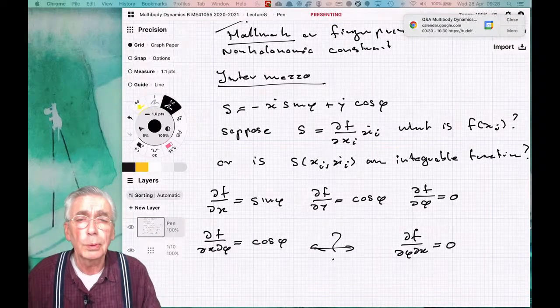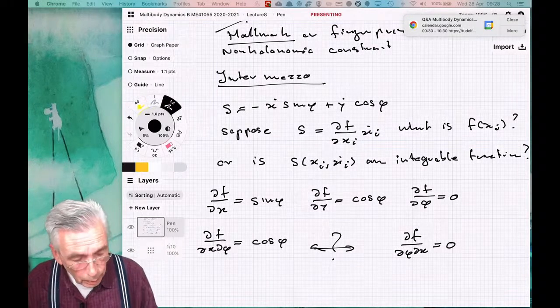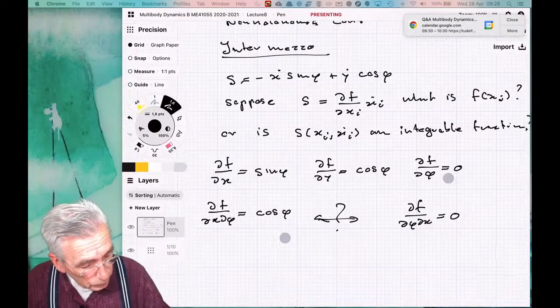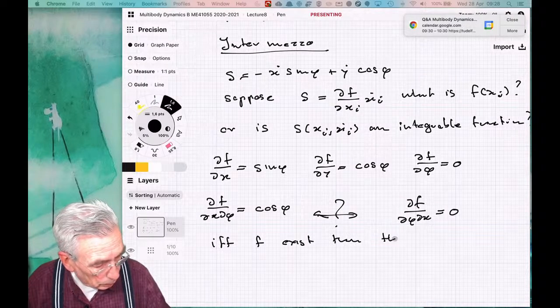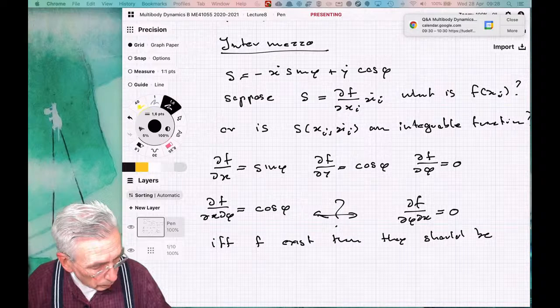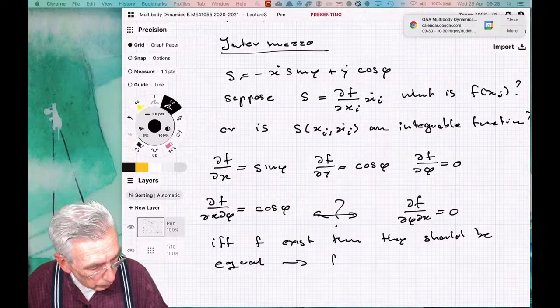So in a very special case, so not as a function, not in generality. So if f exists, then they should be equal. But they're not. Ergo, f does not exist.